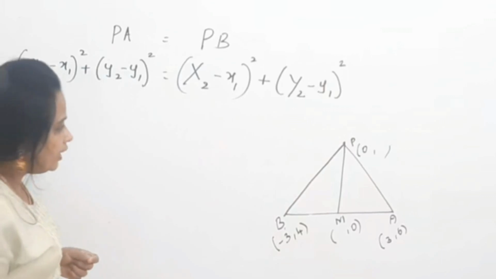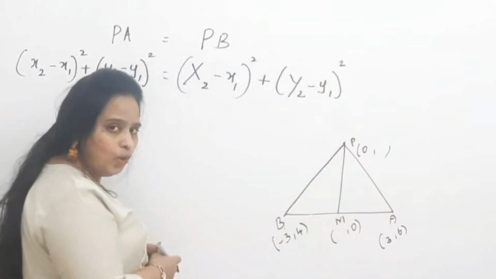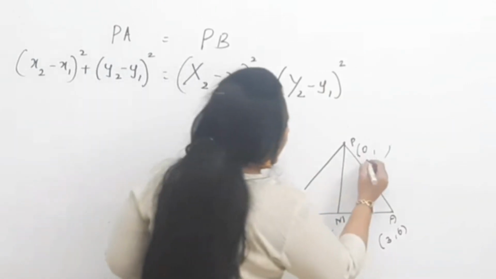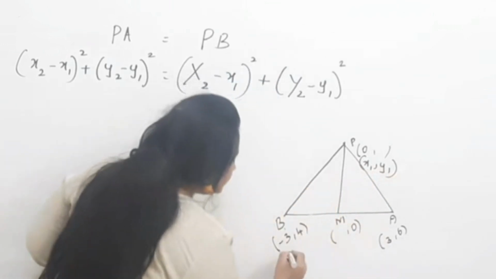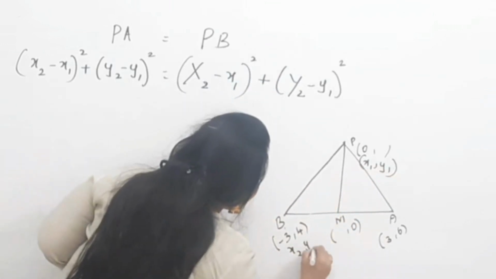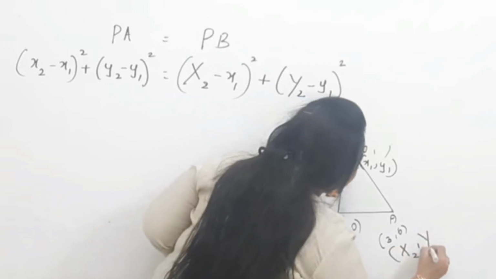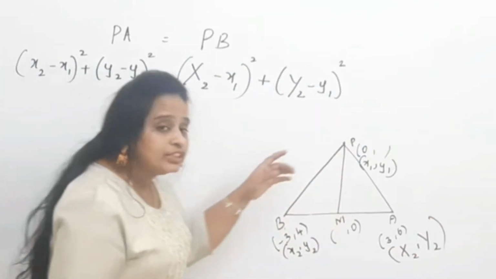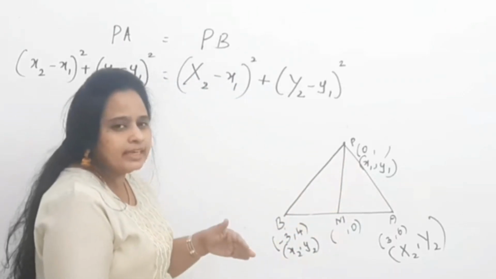And I gave the hint, whenever your coordinates are unknown, please write that coordinate as x1, y1, and this is x2, y2, and this one is caps X2, caps Y2. Now, you can have your 0 here.